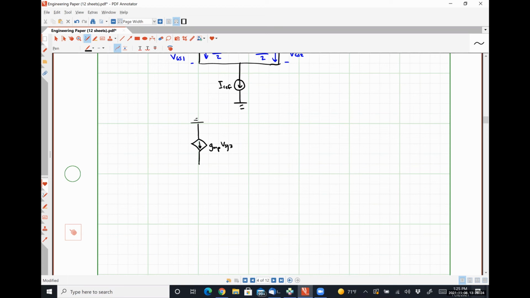And because we are ignoring channel length modulation, let's see. So this is going to be our source for transistor 3. This is going to be our drain for transistor 3.